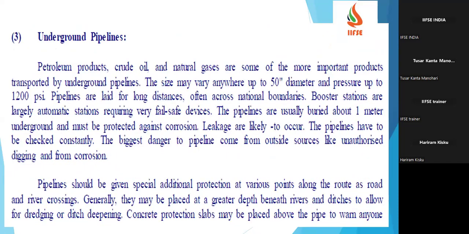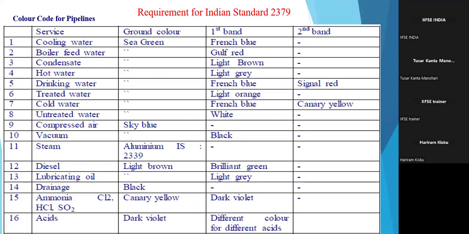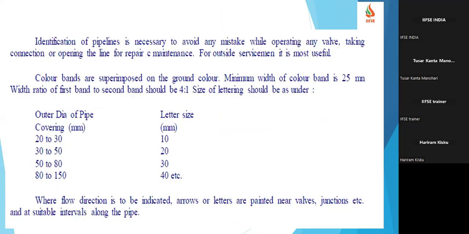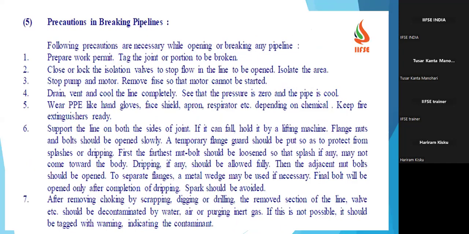Then we discussed underground pipelines as well. Then we saw color coding of the pipeline, and the standard IS 2379, which is the pipeline color code for identification of the media passing through the pipeline, to avoid many accidents.